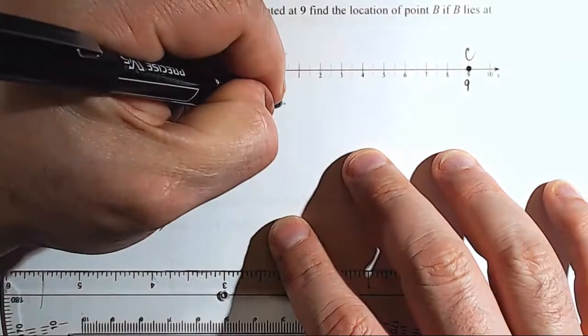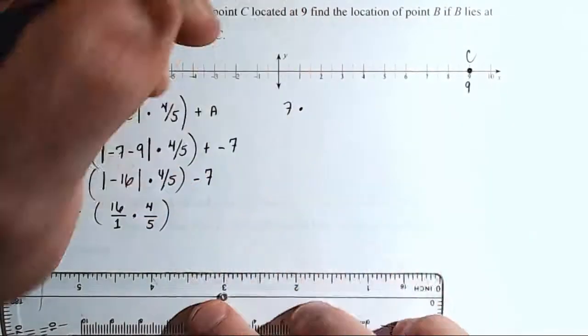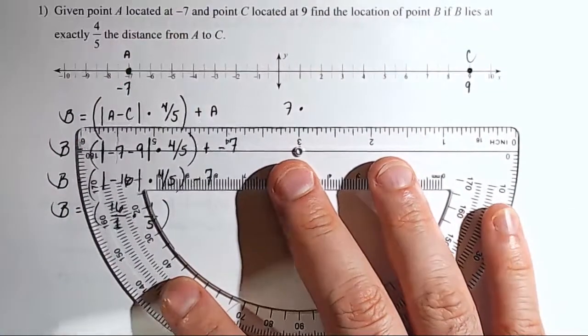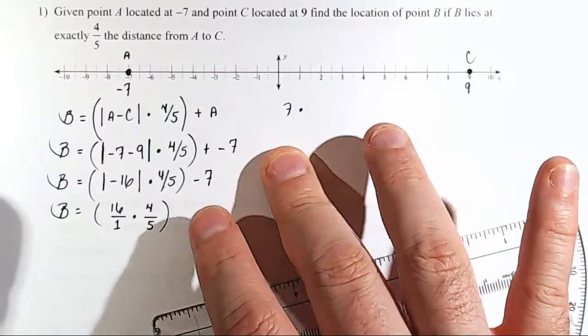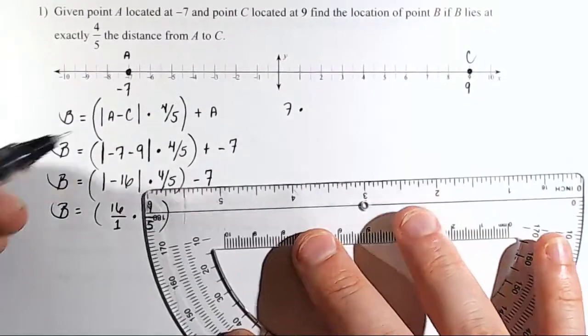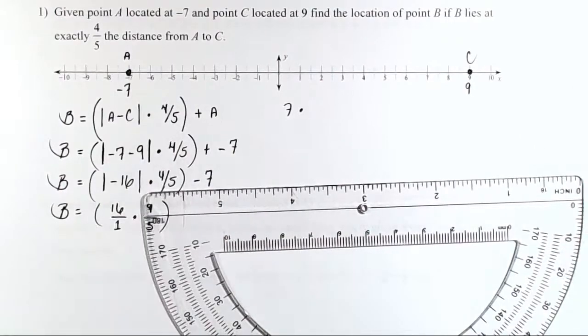But here, a little note, so I need 7 in terms of 5. So I need to multiply 7 by something so it has the denominator of 5. So what times 7 would give me some number that when divided by 5 would be back to 7?